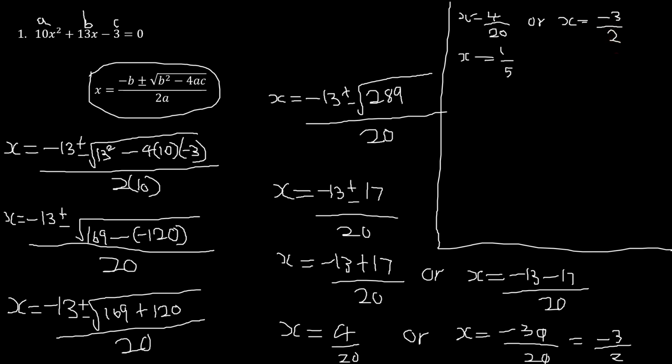We say 1 over 5 is equal to 0.2, or x is equal to minus 3 over 2, it will be minus 1.5.